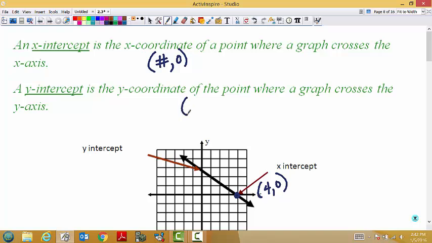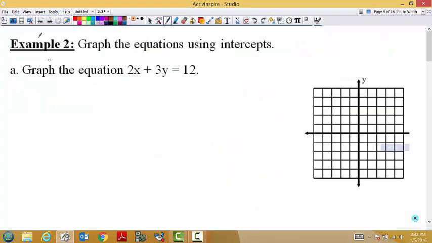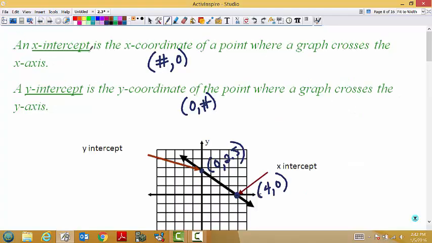And the y-intercept is 0, comma, a number. It's always on the y-axis. Like this one would be 0, comma, I don't know, 2.5. Now, to find the x-intercept, we let y be 0. To find the y-intercept, we let x be 0.